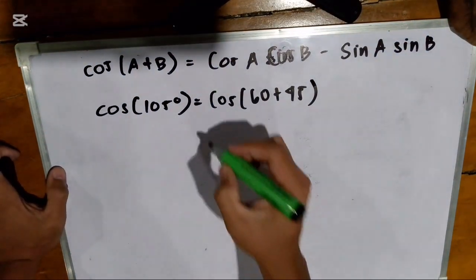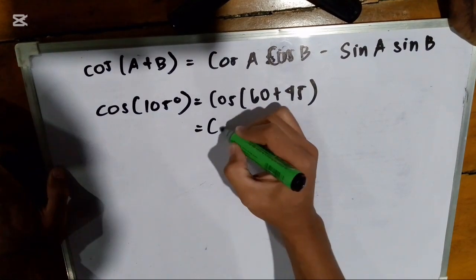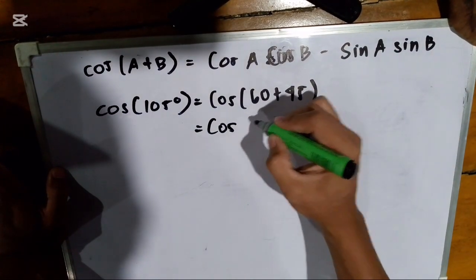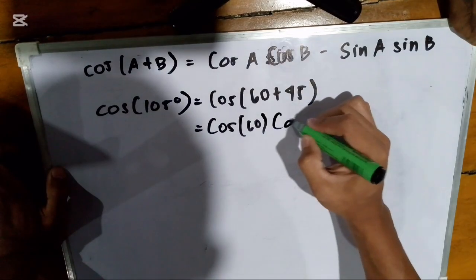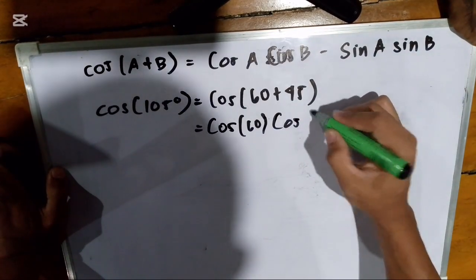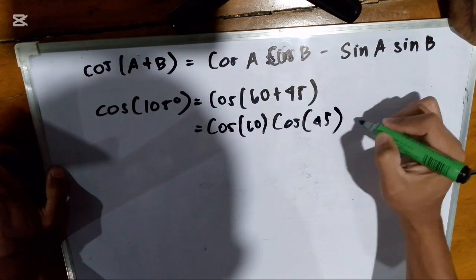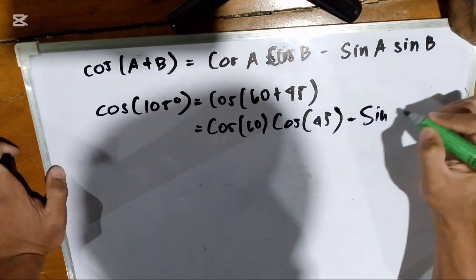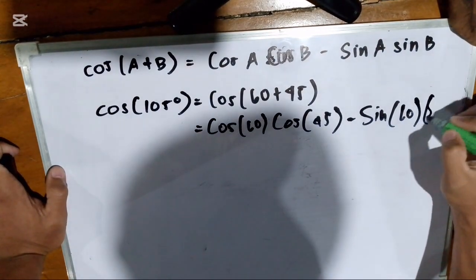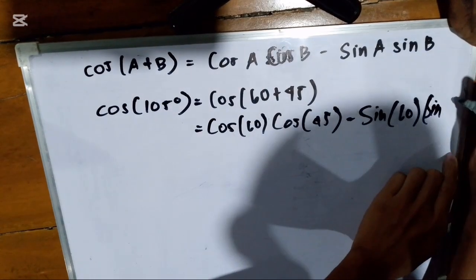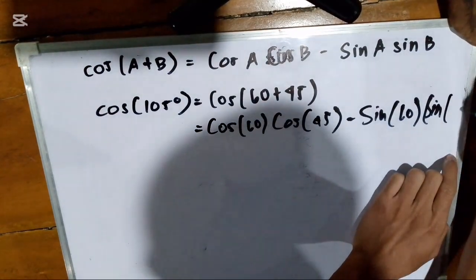And now let us substitute this: cos A, or 60, and cos B, or 45 degrees, minus sine A, or 60 degrees, and sine B, or 45 degrees.